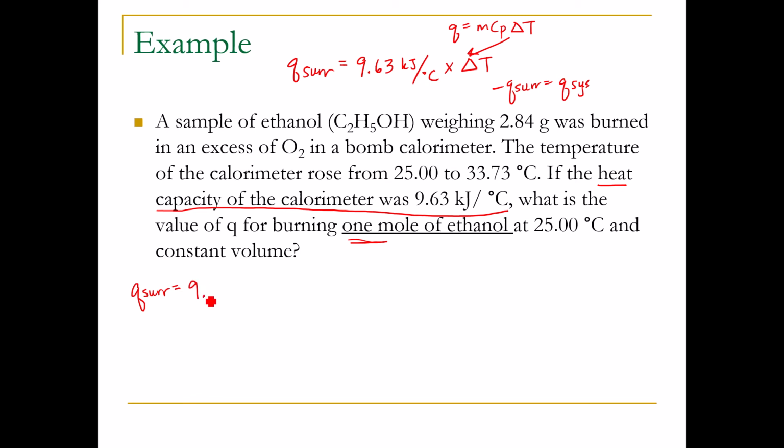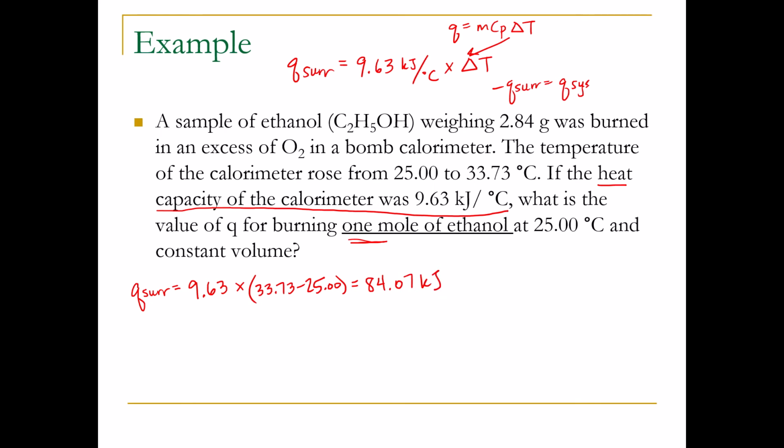The 9.63 times our temperature change. So final minus initial. All right, and this is going to be a positive value because heat is going into the surroundings. So I get 84.07 kilojoules.